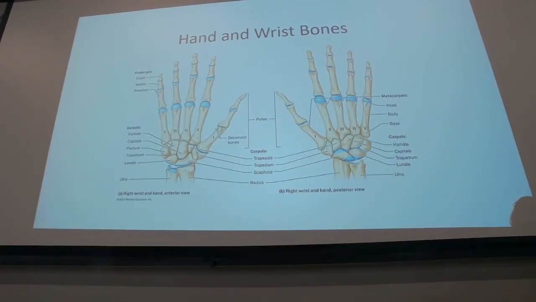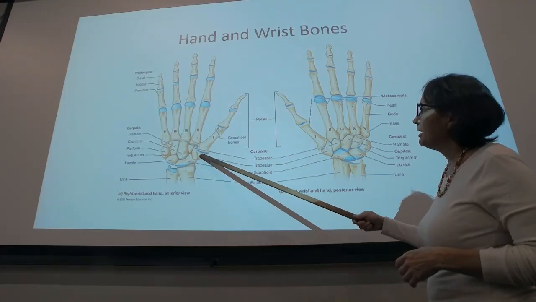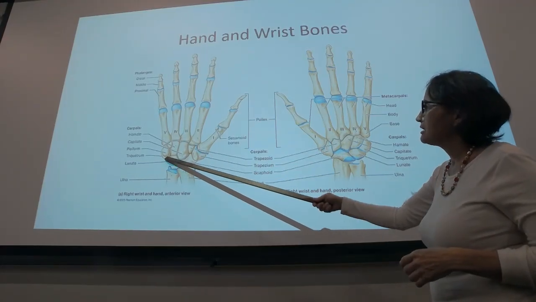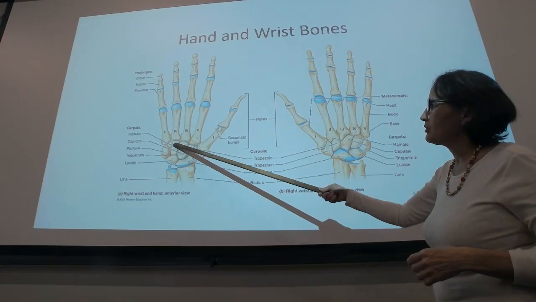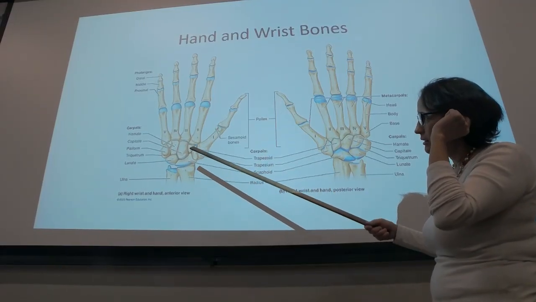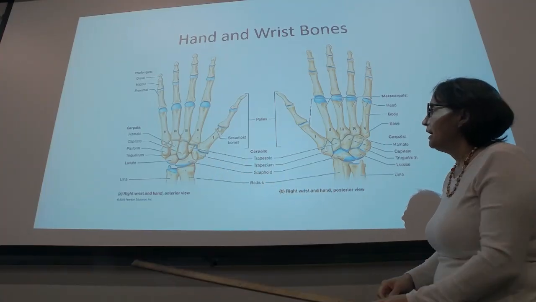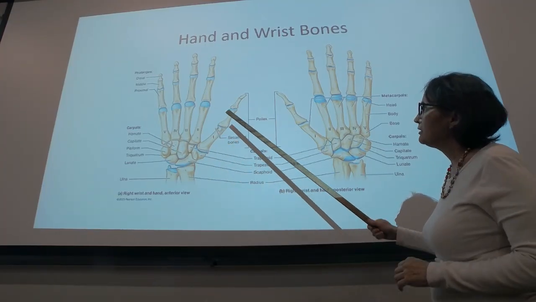For the hand and wrist bones, in our wrist specifically, we have this set of bones, which are called the carpals. The carpals have their own names. Some of them have certain markings.